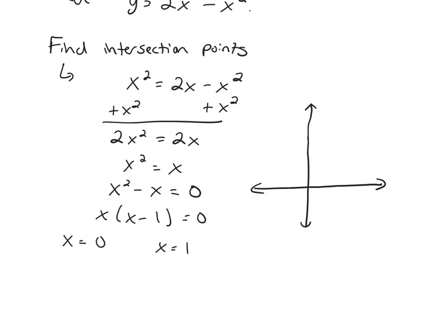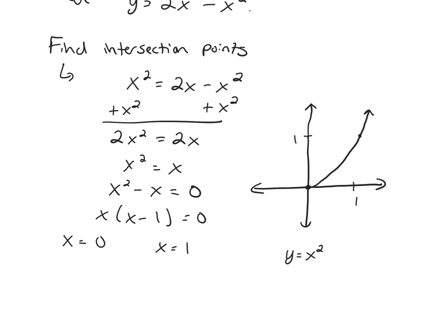Okay, so let's take our two equations. The first one, y equals x squared. If I plug in 0, I get 0. If I plug in 1, I get 1. So this y equals x squared, we know what it looks like. It's our parabola centered at the origin.